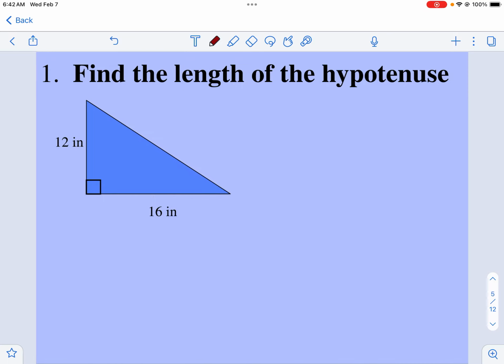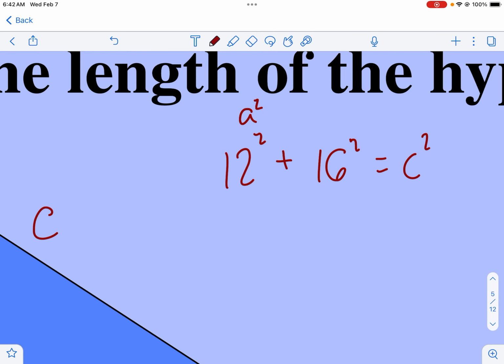So let's go ahead and do some practice. It says find the length of the hypotenuse. So we don't know our c. That's what we're trying to find. We'll take 12 squared plus 16 squared equals c squared. That's how we're going to set that up, coming from that form of a squared plus b squared, those being the two legs, equals my hypotenuse squared.